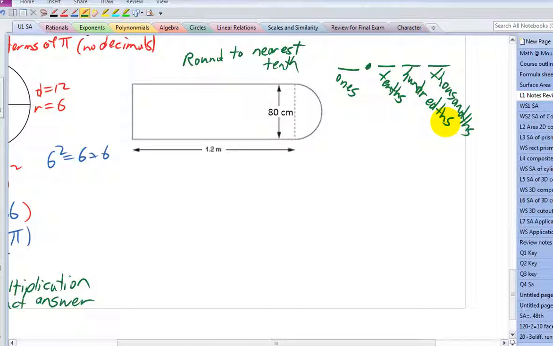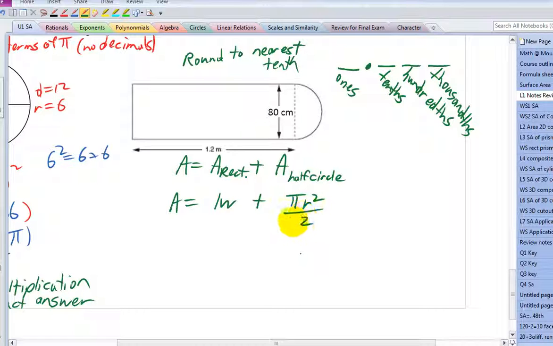Tenths, hundredths, thousandths. So the area total is the area of the rectangle plus the area of the half circle. So we have length times width plus pi r squared is a full circle. What's half of that? Divided by 2. So I'm just taking my formulas, adding them up.